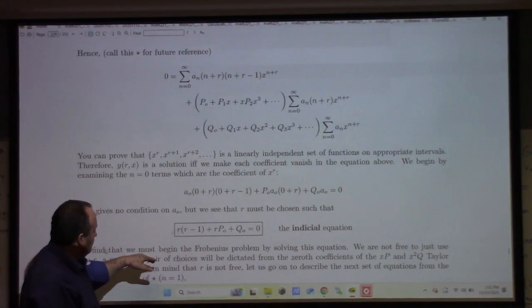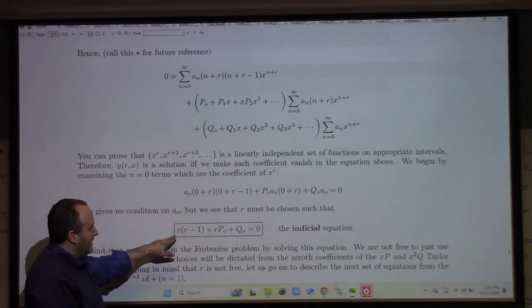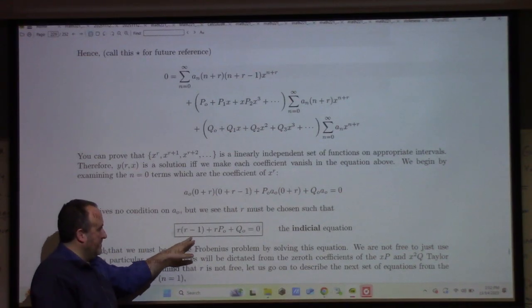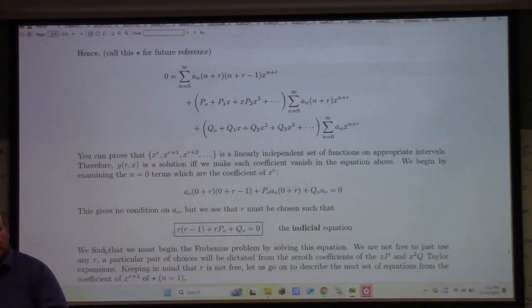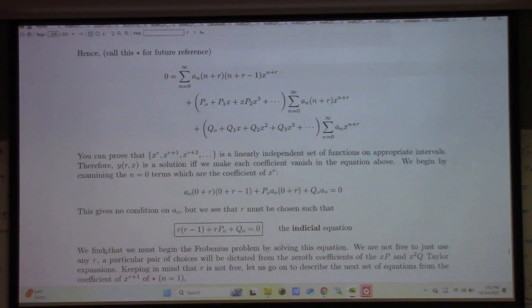And so you see that the value for r has to be chosen such that this equation holds true. If you go and look at the Cauchy-Euler problem, that's exactly the characteristic equation of the Cauchy-Euler problem. The Cauchy-Euler problem's characteristic equation is the indicial equation of the Frobenius method as it applies to this case.